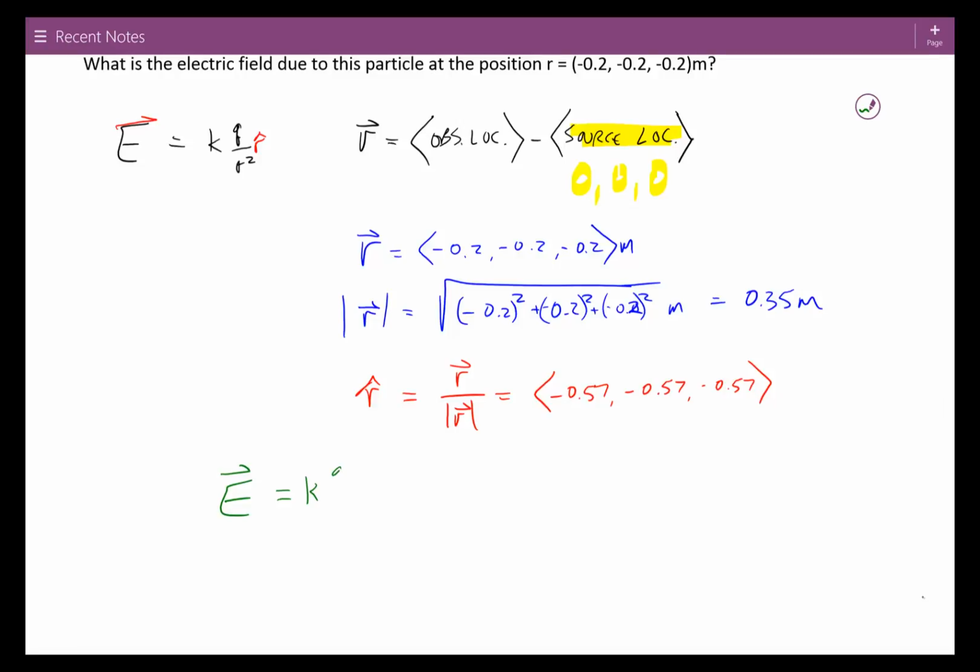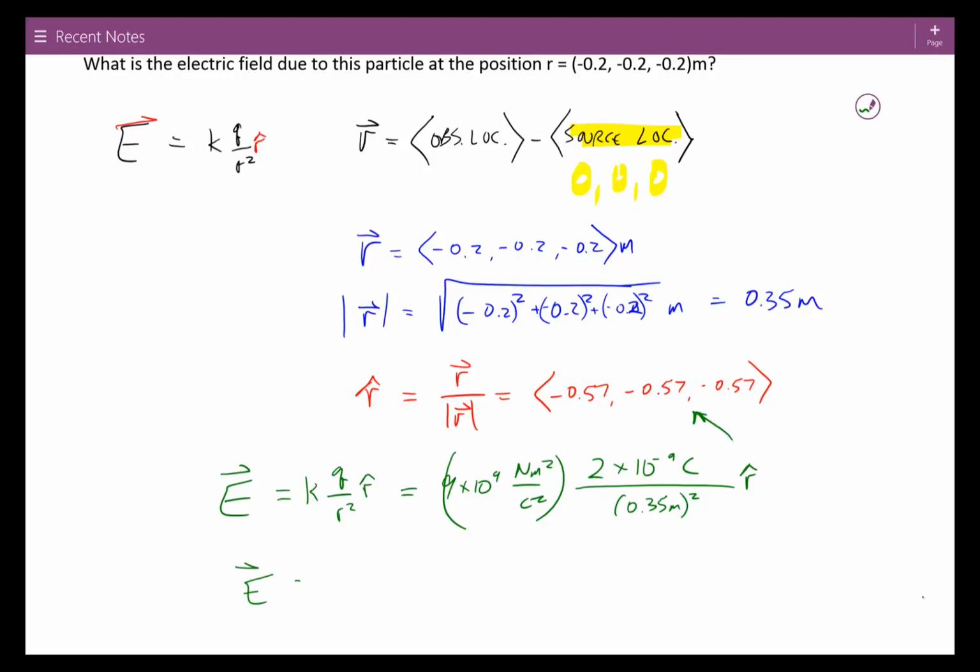So k Q per r squared, and we'll put our unit vector in there. So 9 times 10 to the 9th newton meter squared per coulomb squared is our Coulomb constant, our 2 nanocoulombs of charge, our separation distance squared, and the r hat that we just figured here.